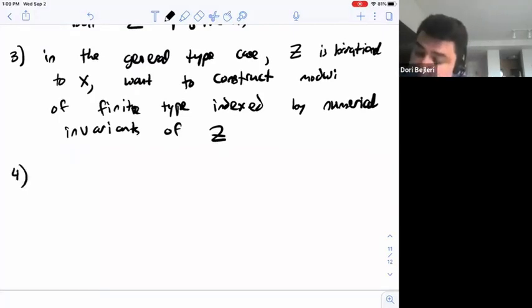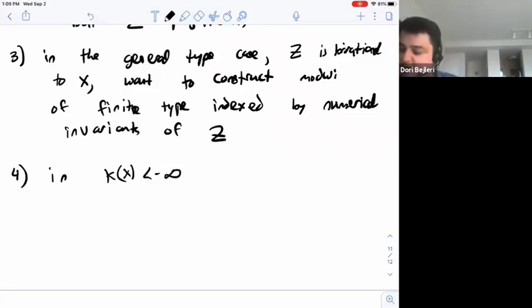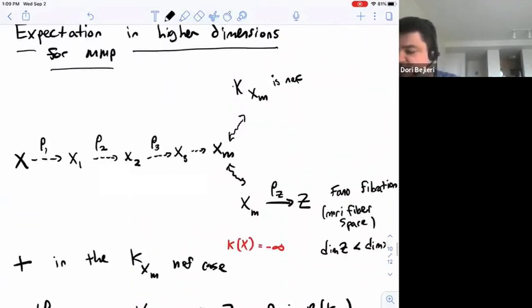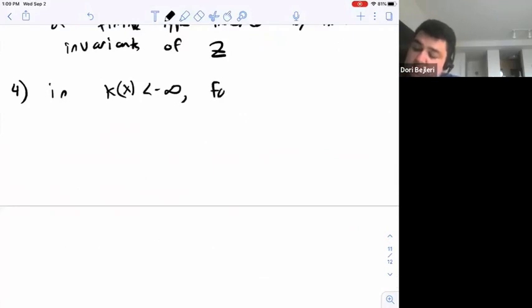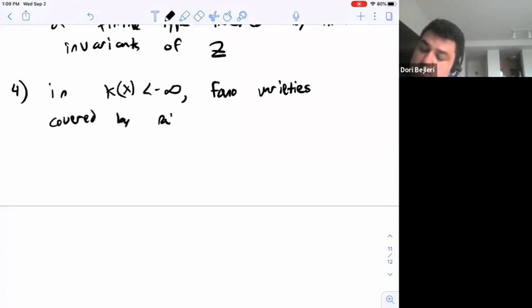And in the Kodaira dimension negative case, if this picture is true, then we should end up with this Fano fibration, and it's known that Fano varieties are covered by rational curves.